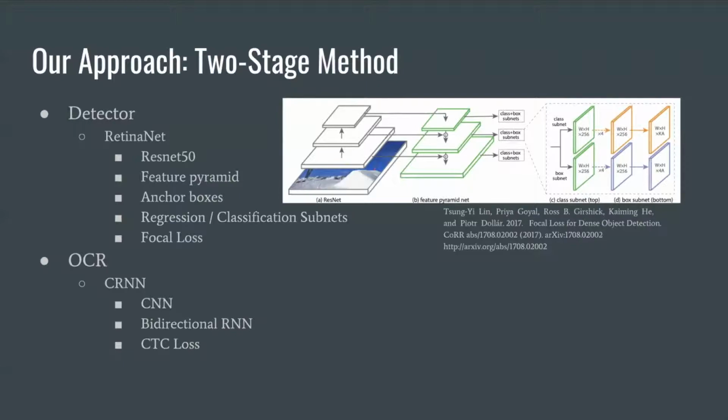Our approach for the two-stage method was using RetinaNet for the detector. RetinaNet is based on the ResNet 50 backbone. We can actually use any ResNet backbone, but we chose ResNet 50, and then pass the output of ResNet through a feature pyramid to improve the semantics of each feature at different scales. Each of these features in the feature pyramid is passed through two subnets, a classification subnet and a bounding box subnet.